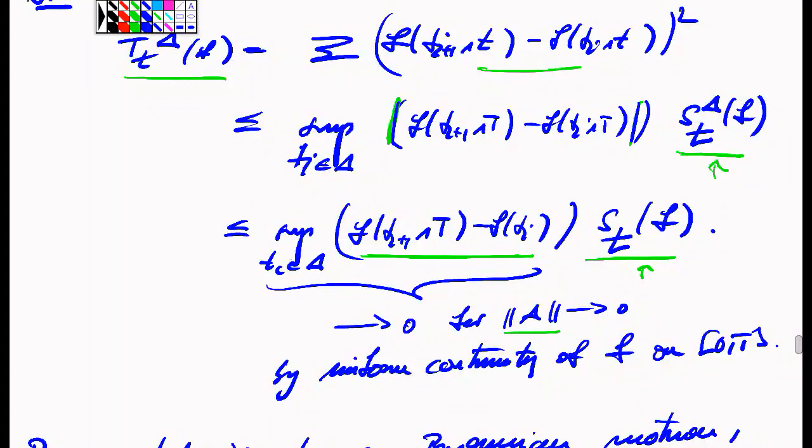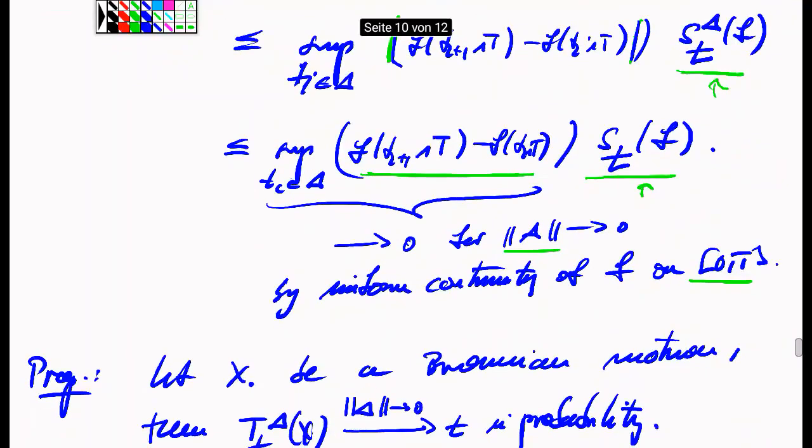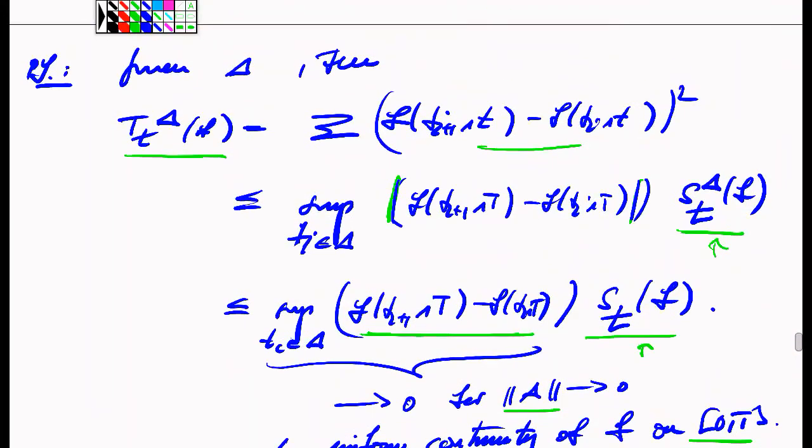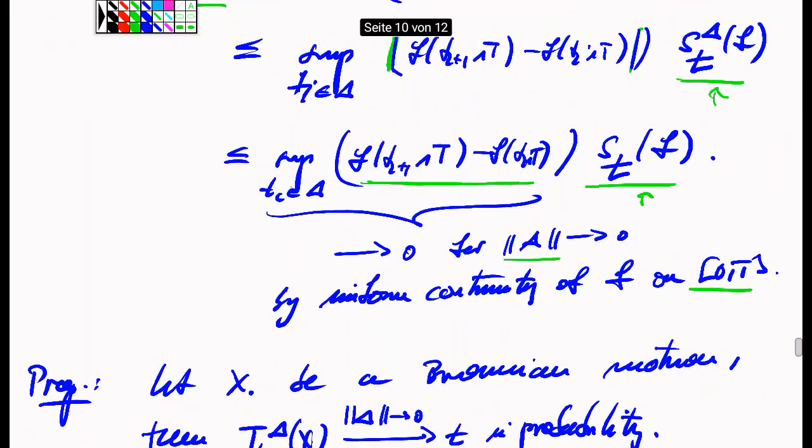I observe a quantity which is uniformly small, provided the two points of evaluation are close enough, due to the uniform continuity of the continuous function f on the compact interval from 0 to t. So if I send the mesh size delta to 0, my approximation of the quadratic variation produces a 0 sequence, and hence the lemma is shown.